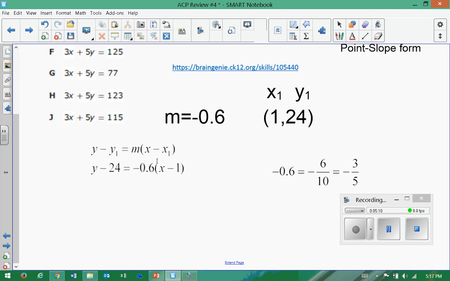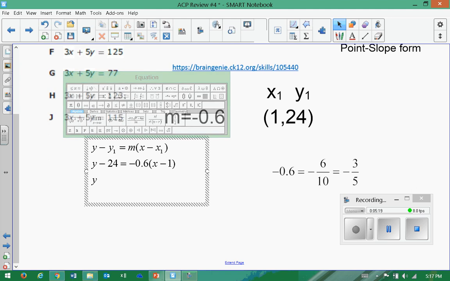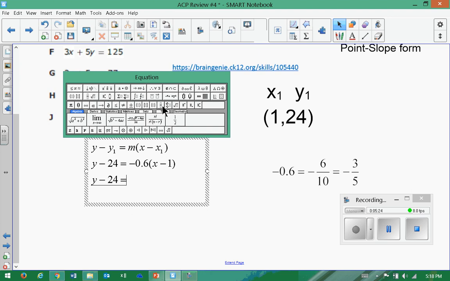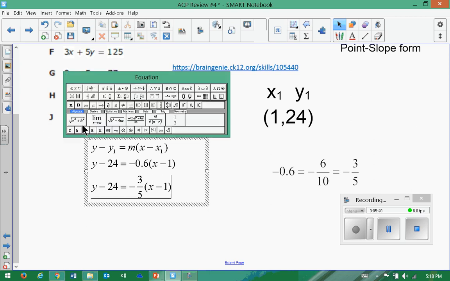let's see what our equation actually looks like. This actually looks like y minus 24 equals negative 3/5 times x minus 1. Okay, so I got a fraction.